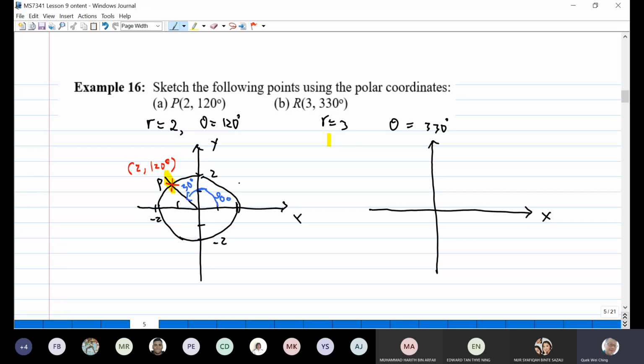Now you draw a bigger circle. The radius is 3 now. So 1, 2, 3, and minus 1, minus 2, minus 3. So a bigger circle with radius 3 now. So this is minus 3 and 3. So the point is on this circle.